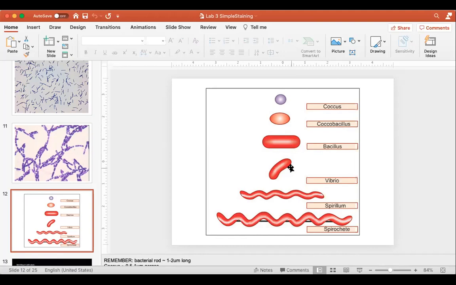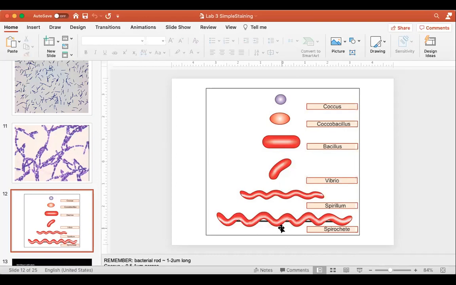There's one type of bacteria that forms a rod that is shaped like a comma. And that organism is called Vibrio. So a comma-shaped rod. And then there are two bacteria that take on an elongated spiral shape.